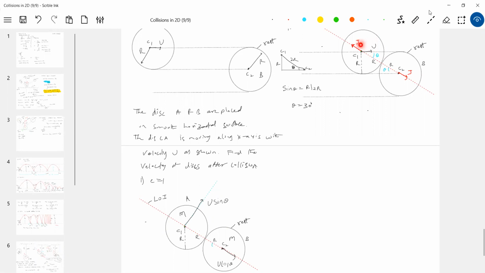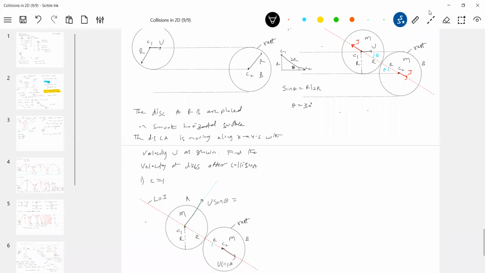And since it is an elastic collision, there will be an exchange of velocities along the line of impact because e equals 1. And what is another condition given? e equals 1 and the masses are the same. So exchange of velocity occurs along the line of impact. U cos theta was the velocity of the first sphere along the line of impact. U sin theta is perpendicular to the line of impact and will not change.